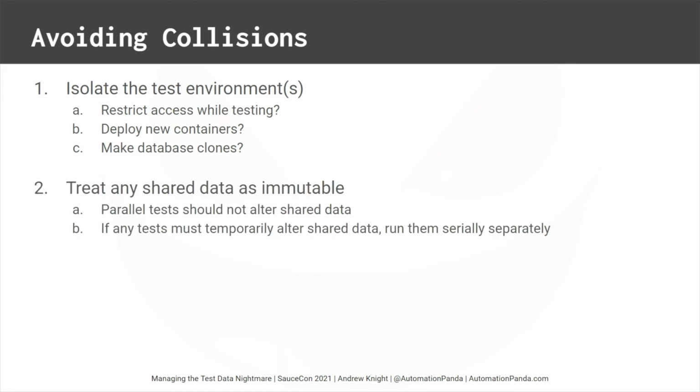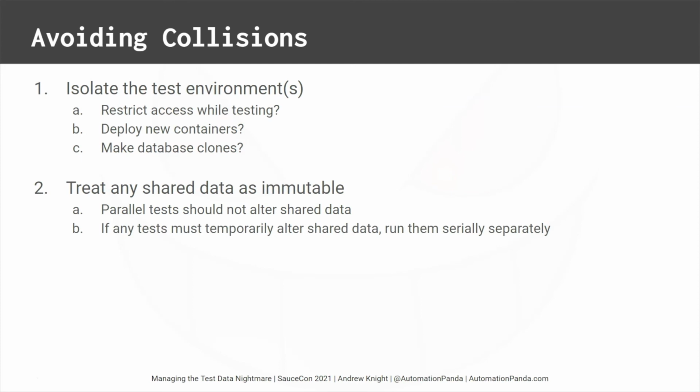Secondly, treat any shared data as immutable. Sometimes, shared product data is unavoidable. For example, if tests run in parallel against one test environment, they may use the same product data. Or if an application has multiple components, certain components may be difficult to isolate for testing.